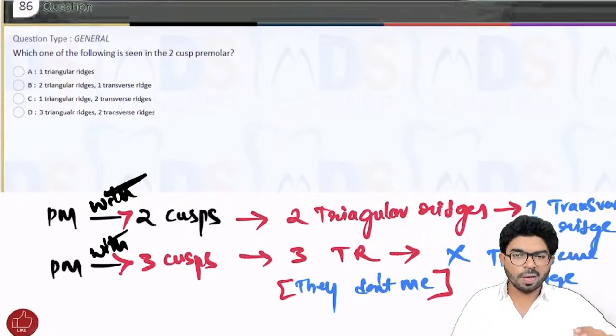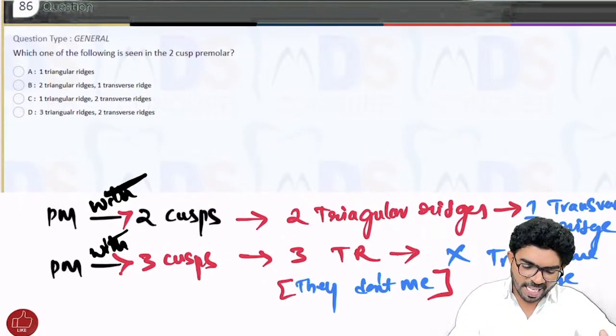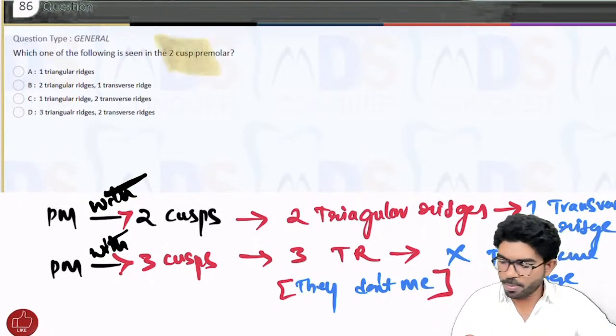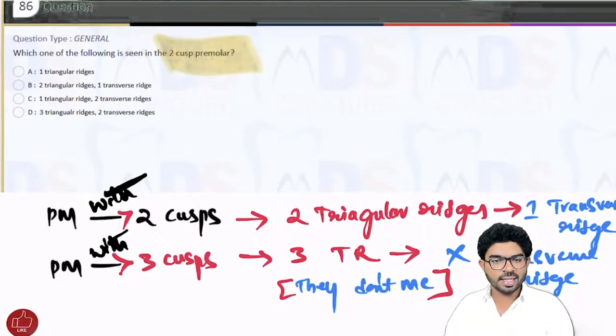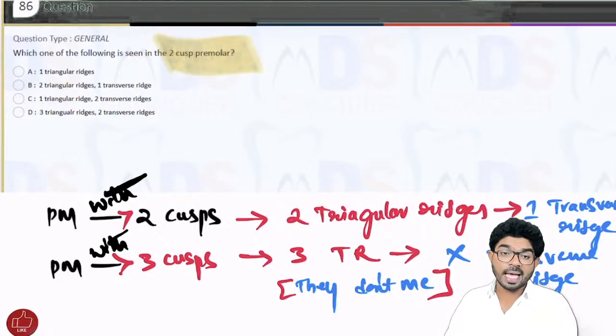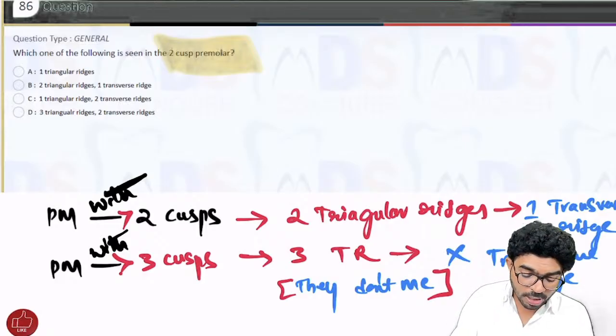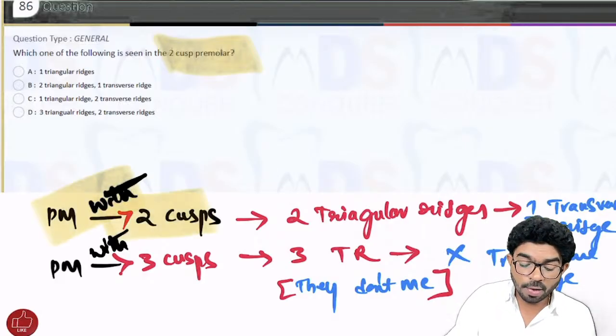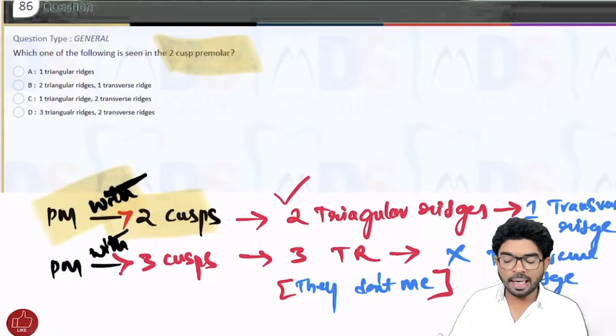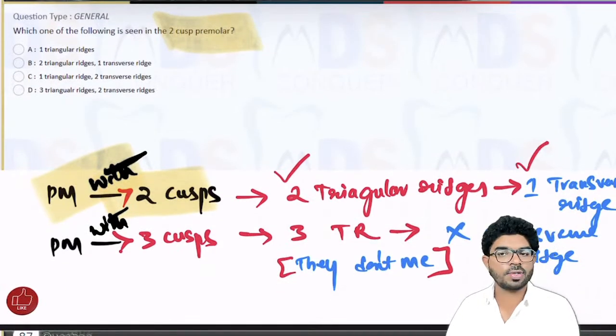Question number 86, they're talking about the 2 cusp premolar. Why? Very specifically, they have mentioned 2 cusp premolar. I hope most of you are aware that we have a 3 cusp pattern as well as a 2 cusp pattern. Premolars with a 2 cusp pattern are going to have 2 triangular ridges, and connecting those 2 triangular ridges, I'm going to have 1 transverse ridge.